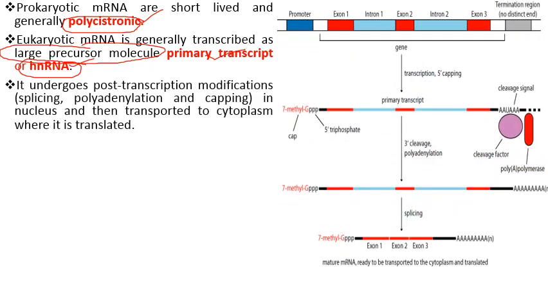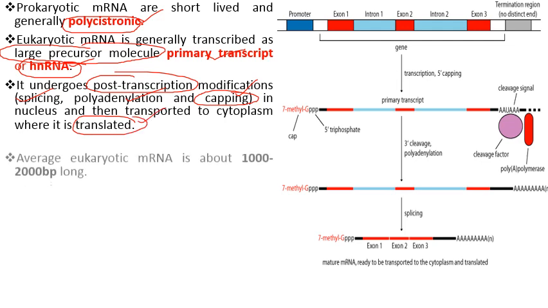This eukaryotic HnRNA, the primary transcript, undergoes post-transcriptional modifications, which include splicing, polyadenylation and capping. These 3 processes occur in the nucleus, and then it is transported to the cytoplasm where it is translated, meaning it carries information for a particular protein.